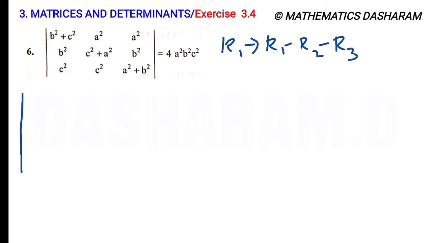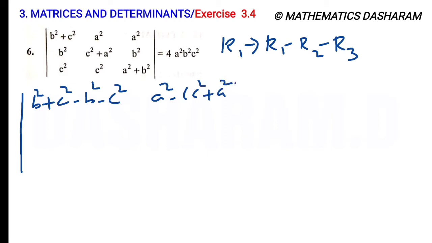Sixth question. Here I am going to replace R1 with R1 minus R2 minus R3. So then B square plus C square minus B square minus C square, next A square minus bracket of C square plus A square minus C square, next A square minus B square minus bracket of A square minus A square plus B square.